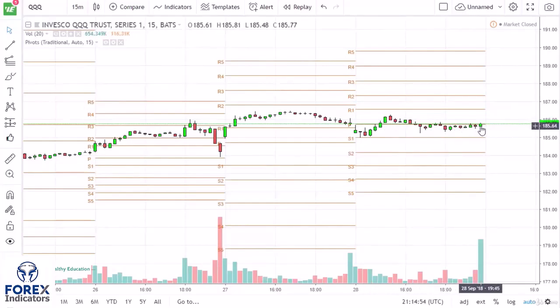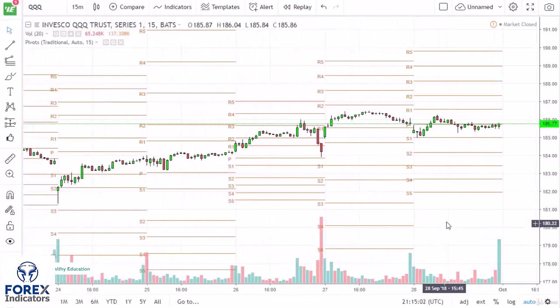Kind of died out after that, but full disclosure, this is a Friday. So really by the time you get halfway through the session, you're losing volume anyways. No need to fight the trend. You just use these pivot points as an area to look for buying opportunities if the move goes against the trend. If it goes with the trend, then you can use them as support on the way up.